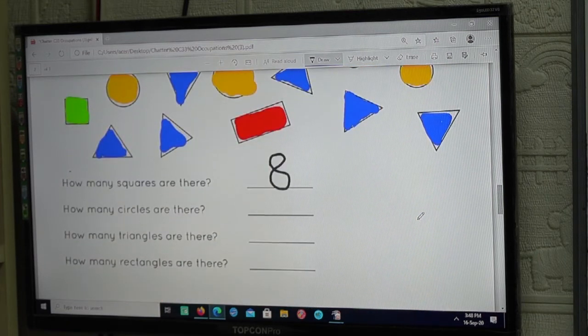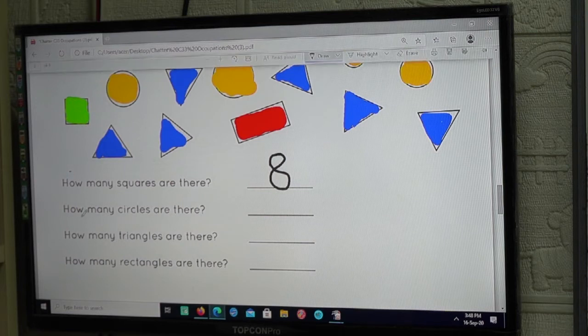The next question is, how many circles are there?